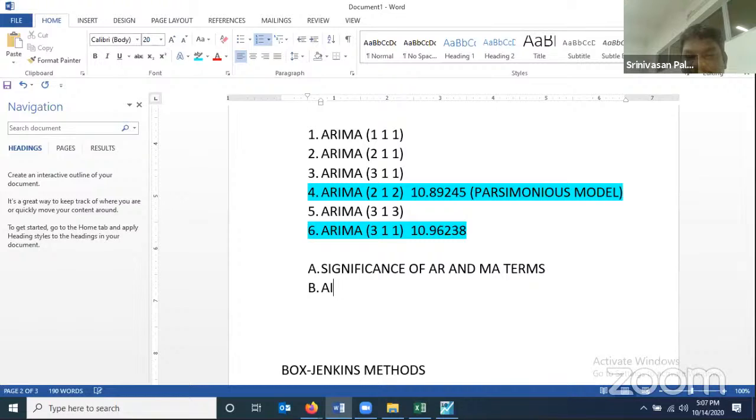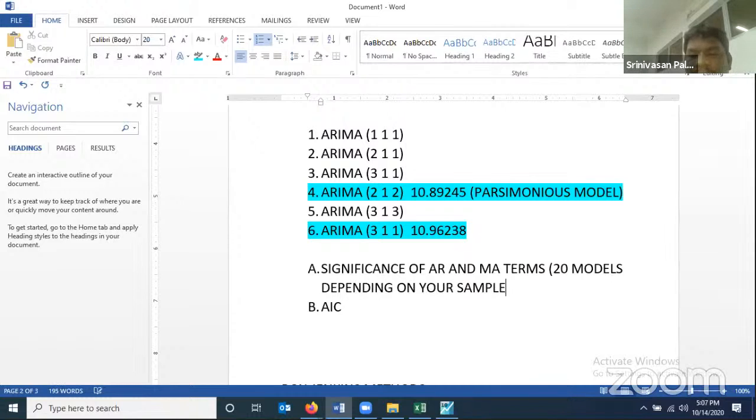Second thing, AIC. Compare after identifying how many models? Just estimate around 20 models, depending on your sample size. So there are 20 models you are estimating, find out significance, then go for AIC. What did I tell you regarding AIC in the morning?